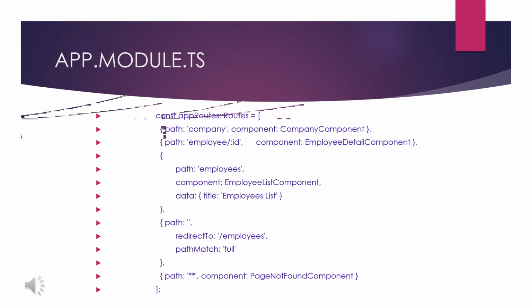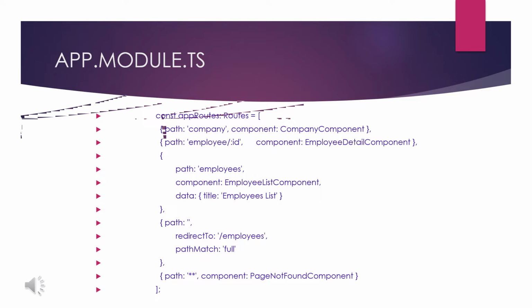The path name is company, which means whenever I click on the company component link, the browser address will show company. For example, I have a sample website, www.sample.com slash company. This company path will load the company component.